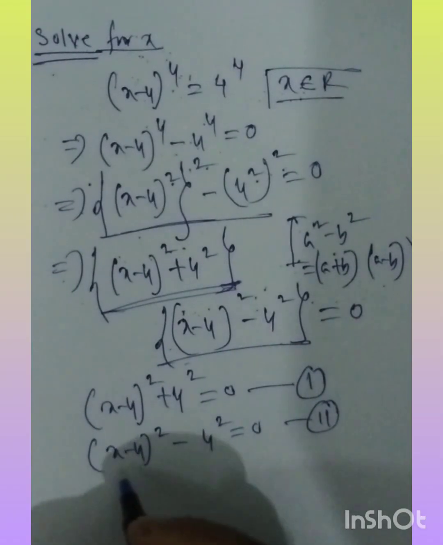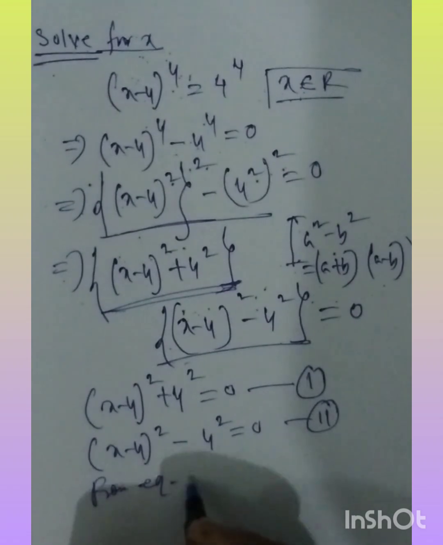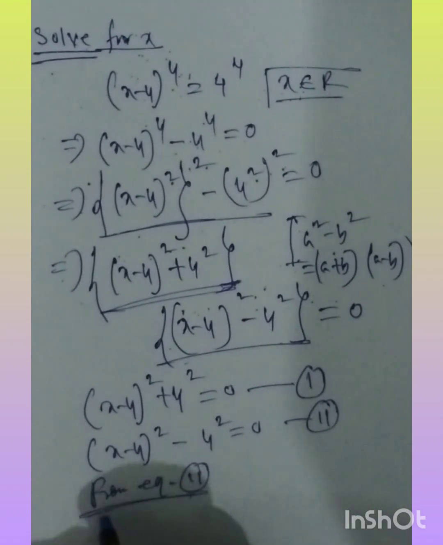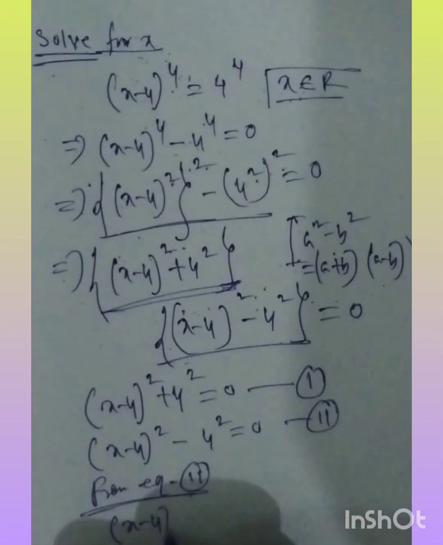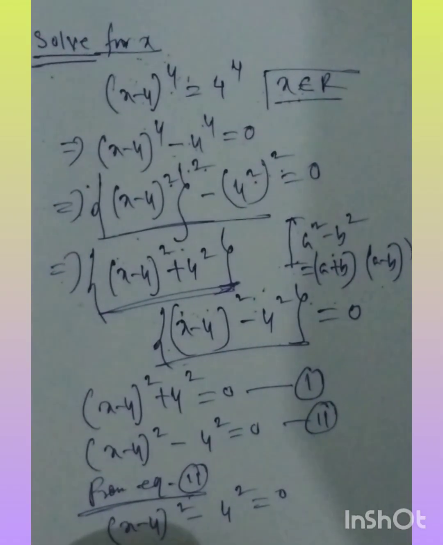From equation 2, we can write (x − 4)² − 4² is equal to 0.